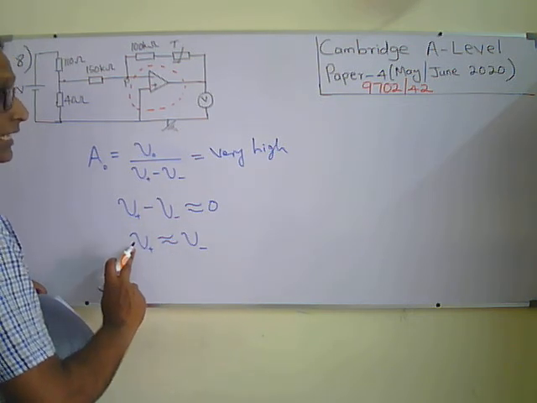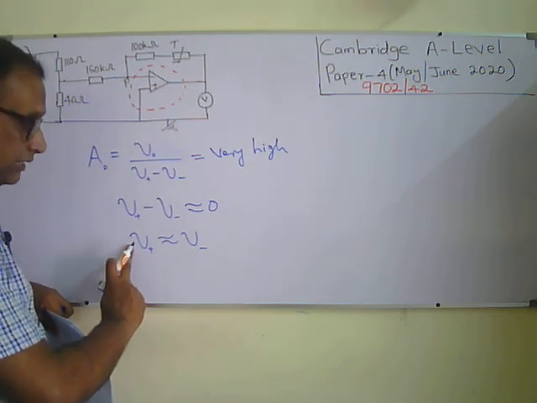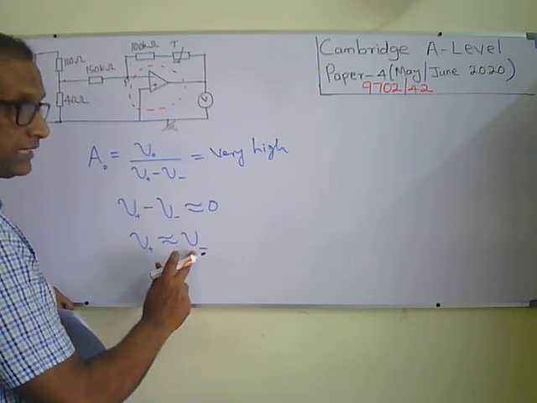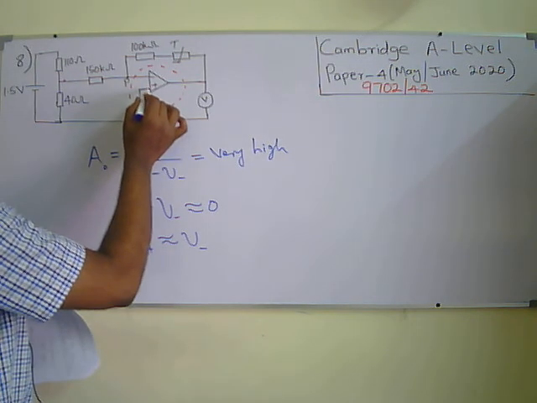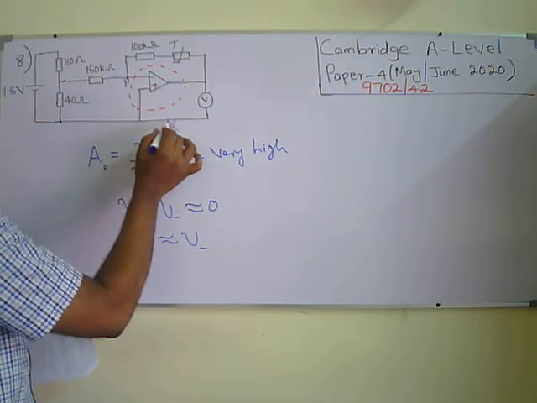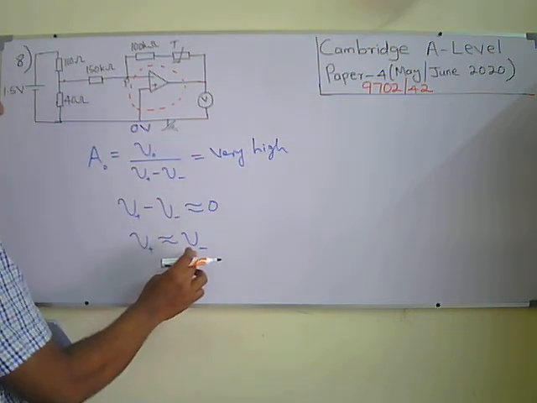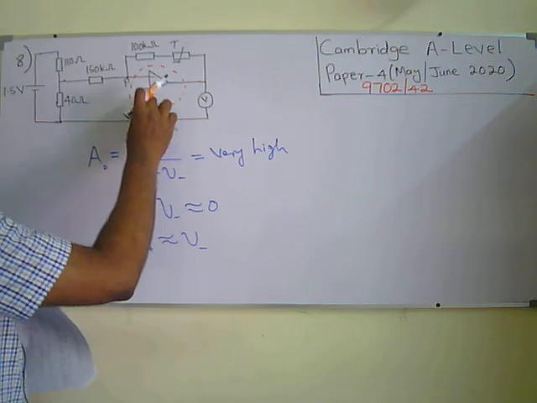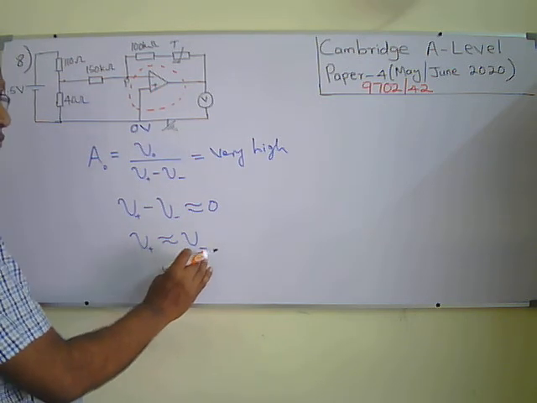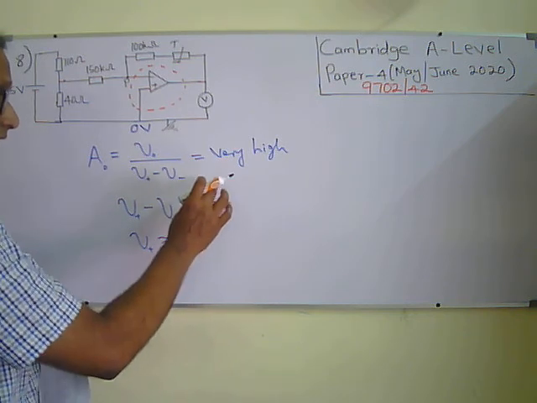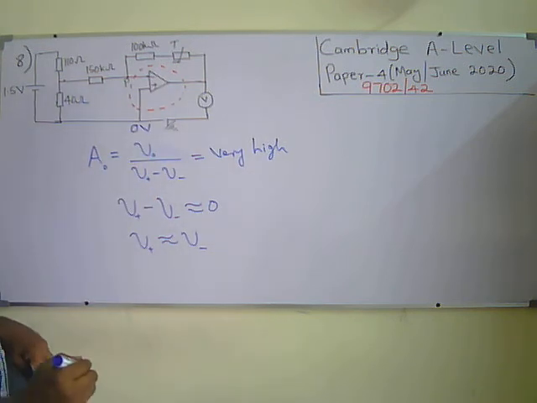But we know that the non-inverting terminal is connected to earth. Earth means the voltage is 0. The voltage at the non-inverting input is almost equal to the voltage at the inverting input because the gain is very high. Therefore, here also the voltage should be 0.